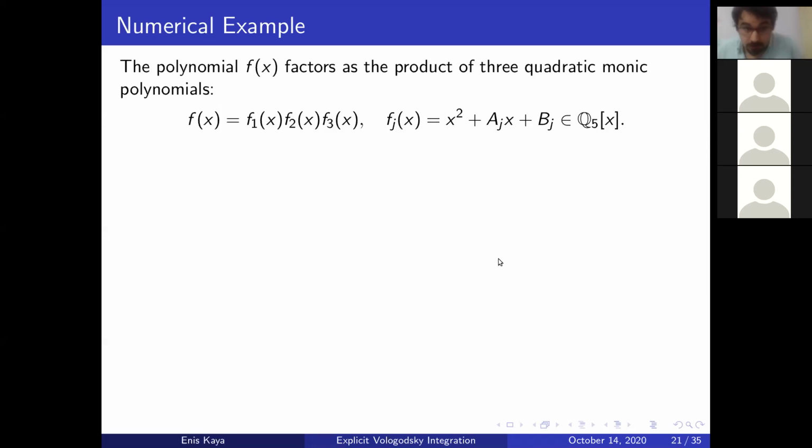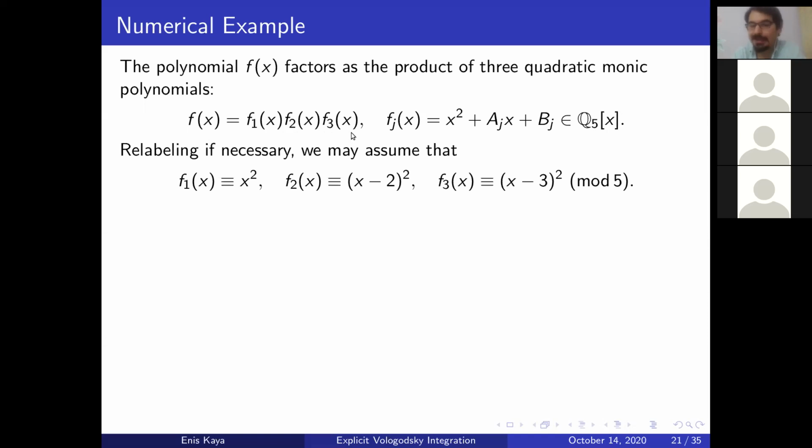So recall that the polynomial F is a product of two factors over Q. It's a quadratic factor times a polynomial of degree 4. But over Q5, it is a product of three quadratic factors, F1, F2, F3. And also it is true that every polynomial right here will be a square modulo 5.